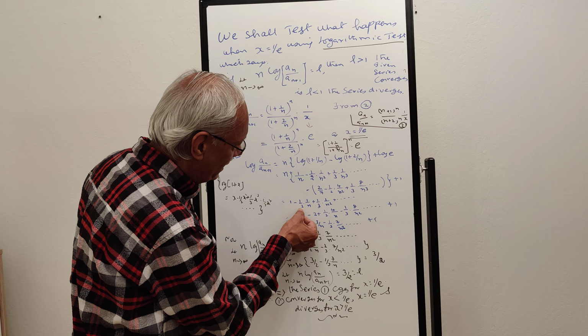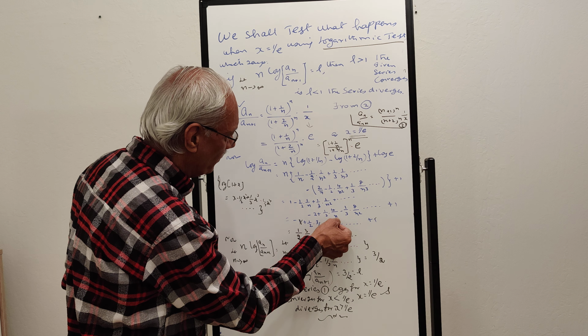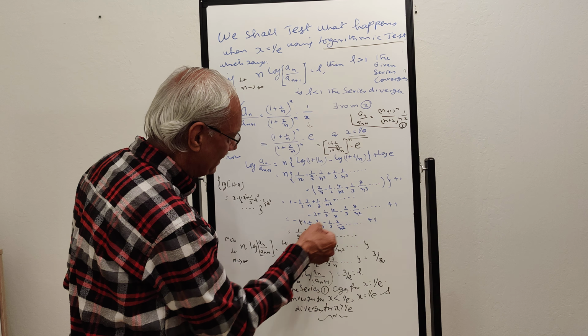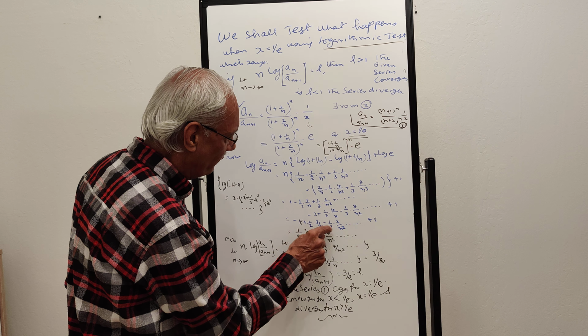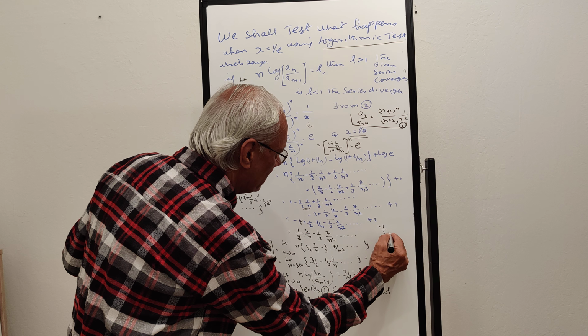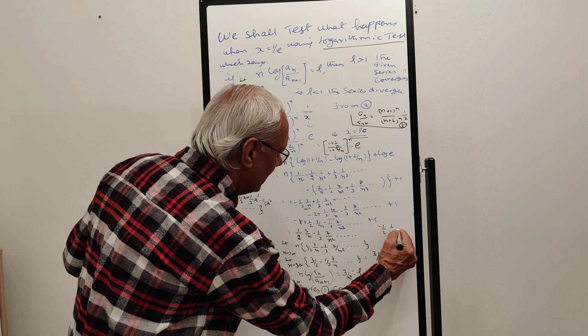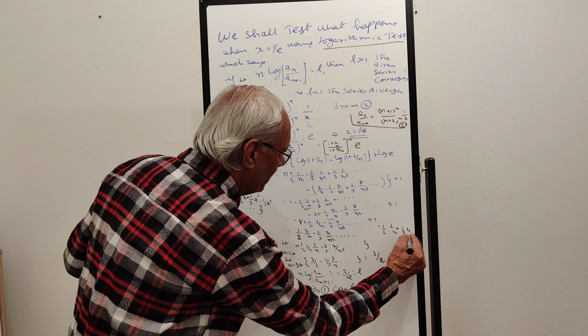Minus half of 1 by n, and this is plus half of 4 by n. If you do the simplification, this is nothing but 3 by n into half, minus, here it will be 7 by n squared. What I do is add these two, this and this: minus half of 1 by n plus half of 4 by n.